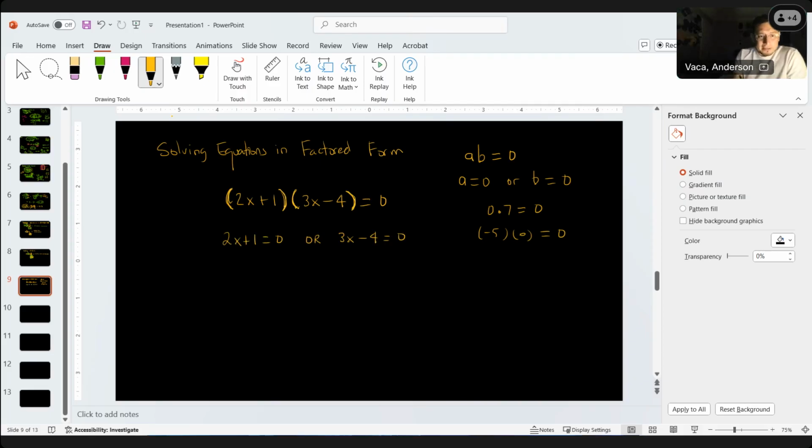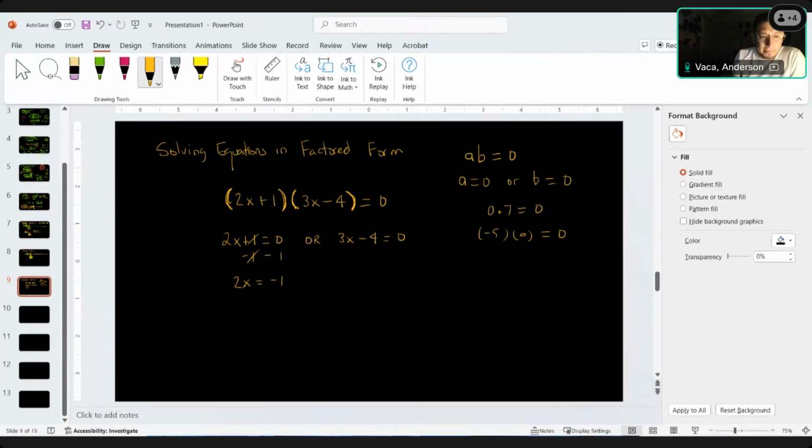Well, now we know how to solve these simple linear equations. So I'm going to do minus 1, minus 1. We have 2x is equal to -1. And then we divide by 2. x is equal to -1/2. Or it could be that here we add 4. 3x is equal to 4.